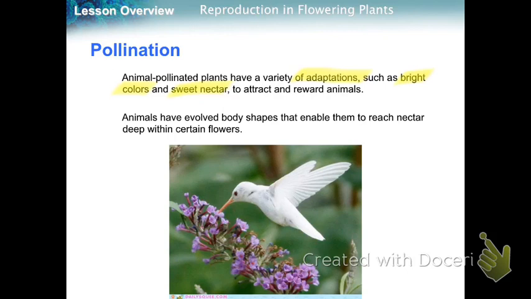It's not just a hummingbird, but it's an albino. They have body shapes. This is an example of coevolution. Animals have evolved body shapes that enable them to reach nectar deep within certain flowers. So we have, with a hummingbird, this long skinny beak and a really long skinny tongue to reach the nectar of those flowers.